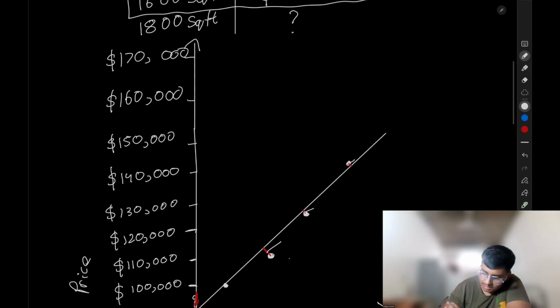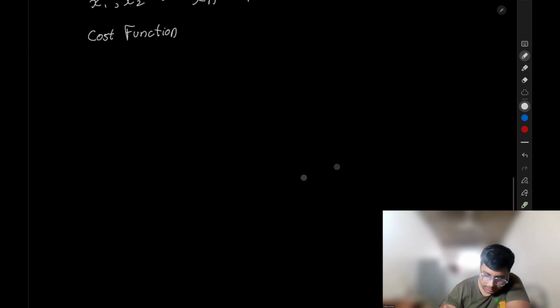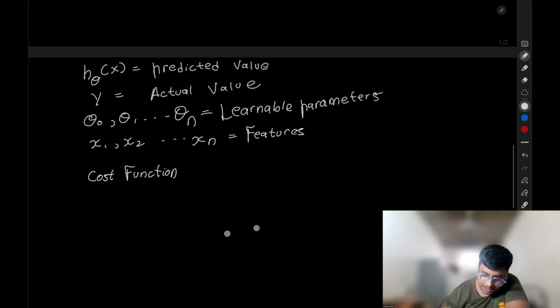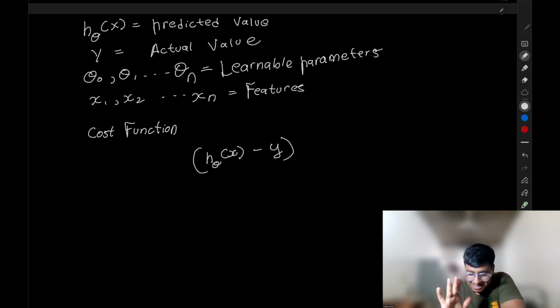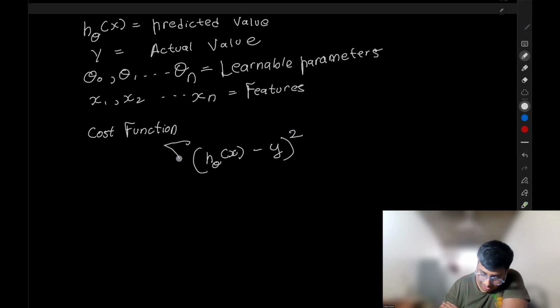So the cost function will be our h of theta x, which is our predicted value, minus y. This is not the whole cost function, let me be very clear. I am going to explain the actual cost function of this algorithm. Don't be frightened by it. Let me just put it down.